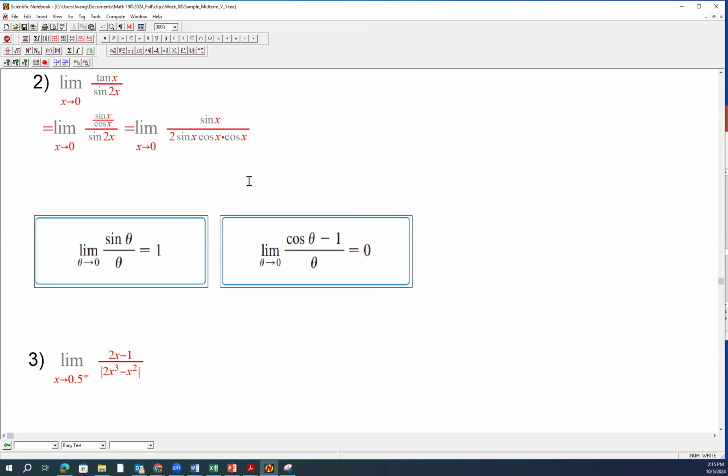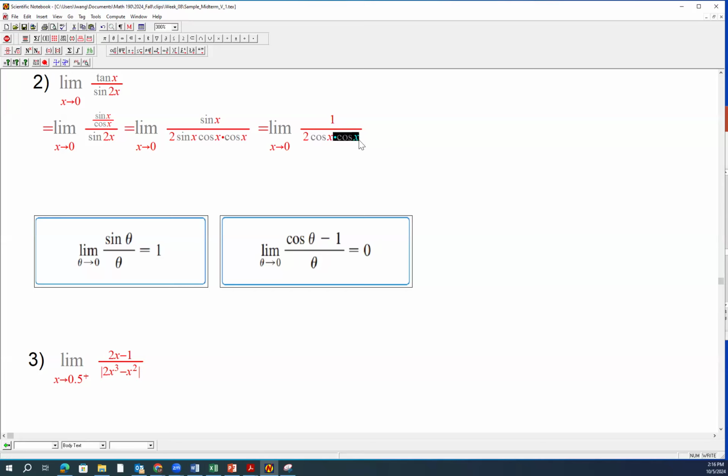As a matter of fact, this question is actually simpler than I thought. Maybe I copied the question wrong. But anyway, since we're doing this, let's finish. You can see sine x and sine x reduce.